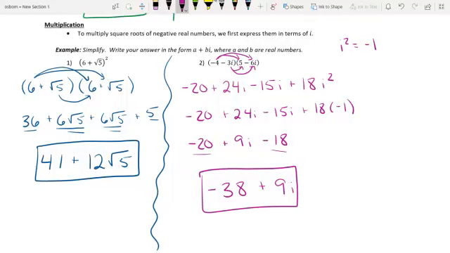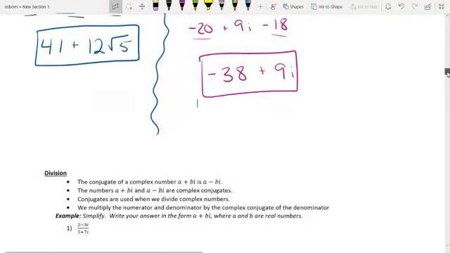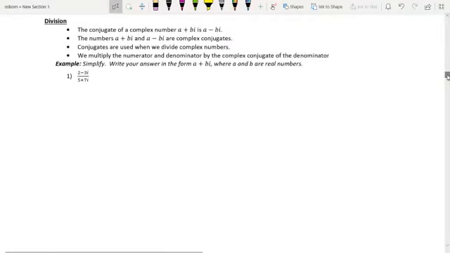Alright, the last thing we're going to look at in regards to complex numbers is division with complex numbers. So, some things you need to be aware of before we can do this division is that the conjugate of a complex number a plus bi is a minus bi.